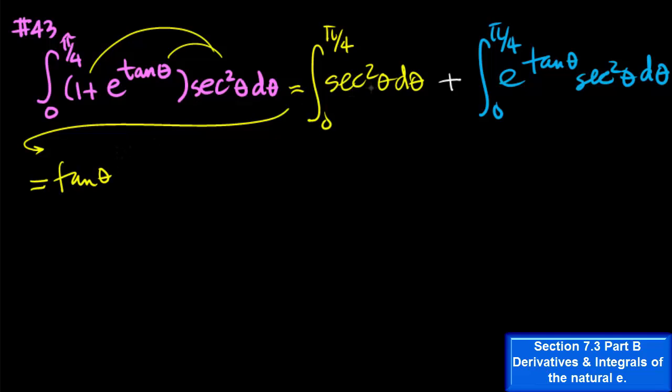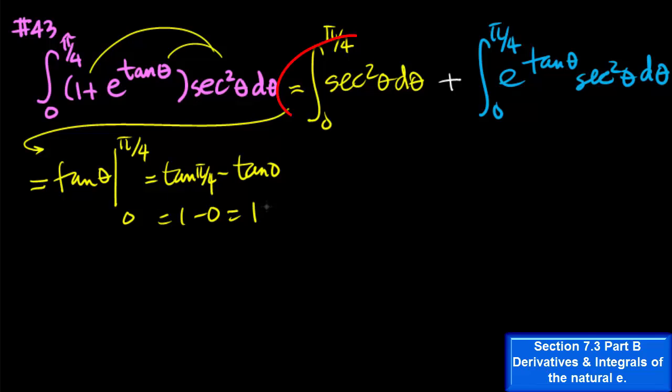Because that's the integral of secant squared theta d theta, evaluated from 0 to pi over 4. And once you simplify that, that's just equal to the tangent of pi over 4 minus tangent of 0. So that gives us 1 minus 0. So that's equal to 1. So far, we've gotten that this is equal to 1.